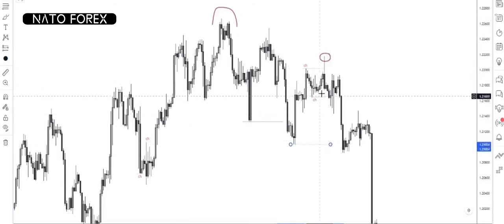Once we get the change in character on the 4 hour, okay, so we're short, we see that we get this demand fail. We know now that this is our target. So this gives us the confidence to hold the trades from here to down here.